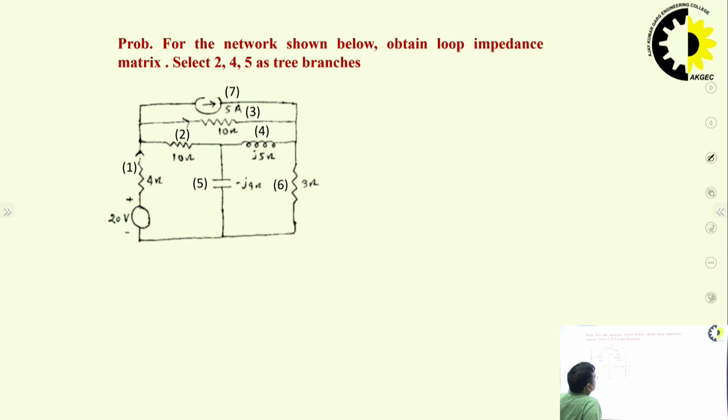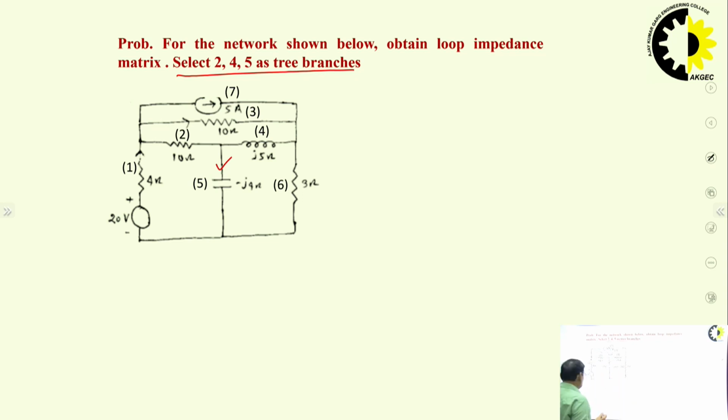Say, here it has been written 2, 4, 5 as tree branches. So, this is the given network. Orientation is not given in these branches, so we can orient this.